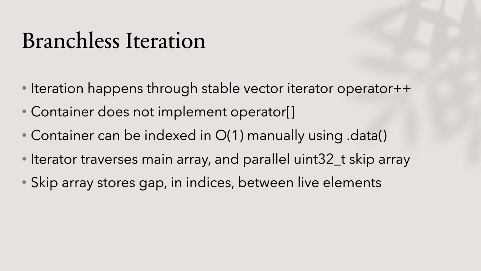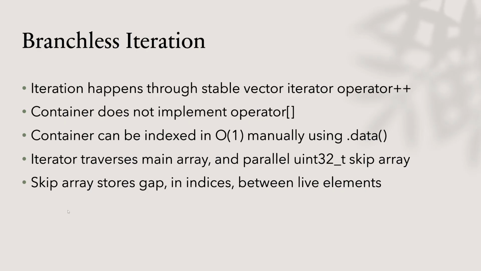All right, you traverse the main array and the parallel skip array at the same time in the iterator. Colony doesn't do it that way. It interleaves the skip array with the main data, and it's a 16-bit integer versus my 32-bit integer, because mine is contiguous.